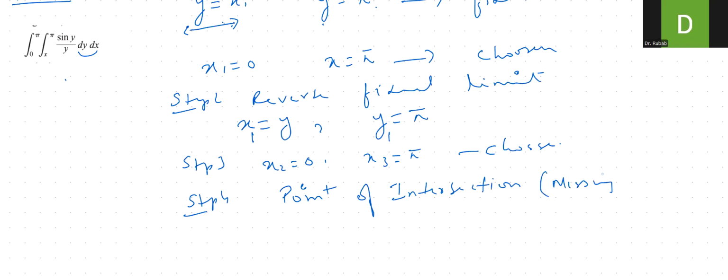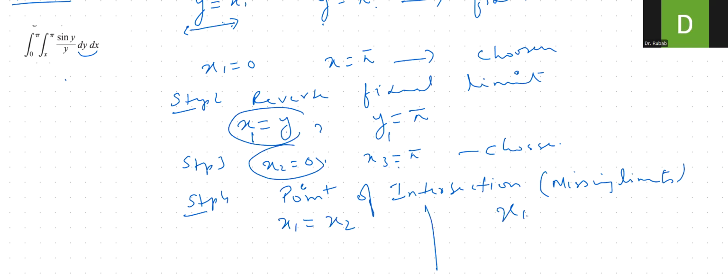So I will pick a pair, x1 with x2 and then x1 with x3, because x1 is fixed. And we will see which pair gives us a new limit. When I compare x1 with x2, I got y equals 0, which is a new limit, because in the previous case y equals pi.